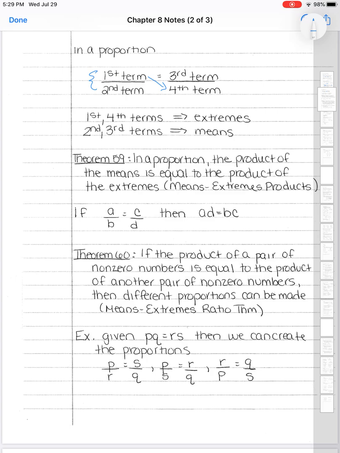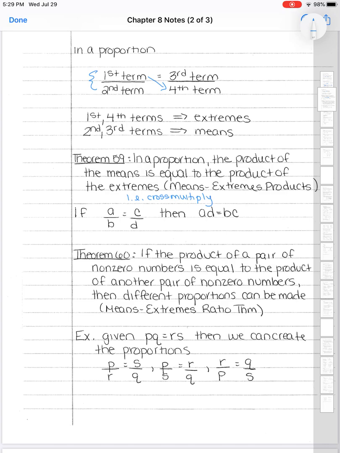All right, now when you write out a proportion, there's 4 numbers that go into a proportion, or 4 terms. And the order of those terms is like this: first term, second term, and then on the right should be the third and the fourth term. Now the first and the fourth term, the first numerator and the second denominator, those are called the extremes. Whereas the second and the third term, those are called the means.